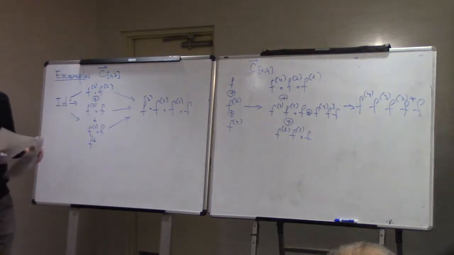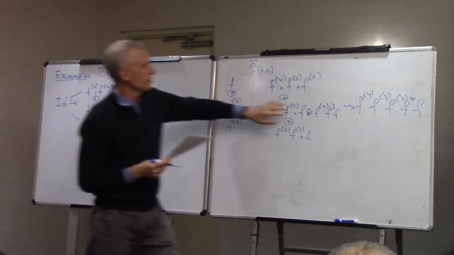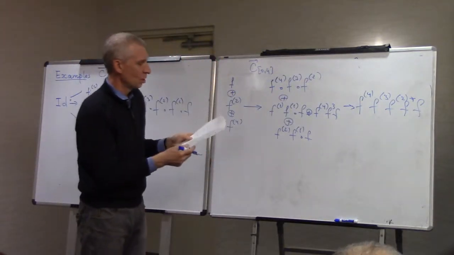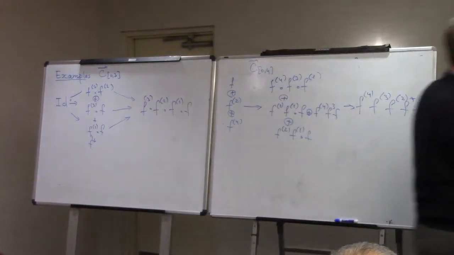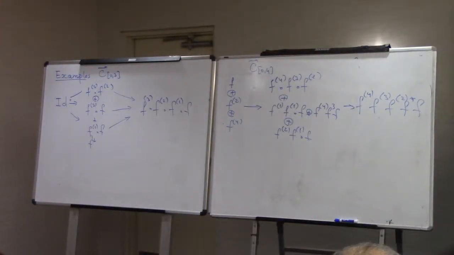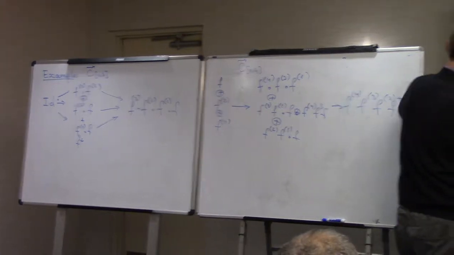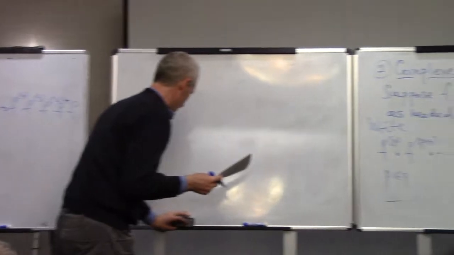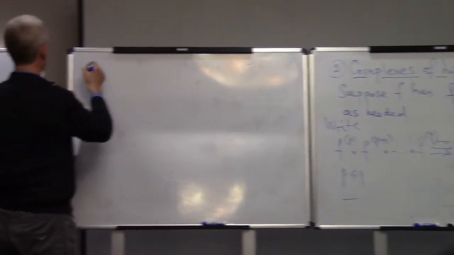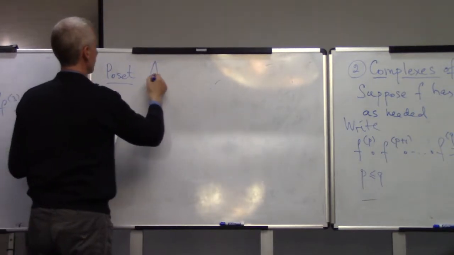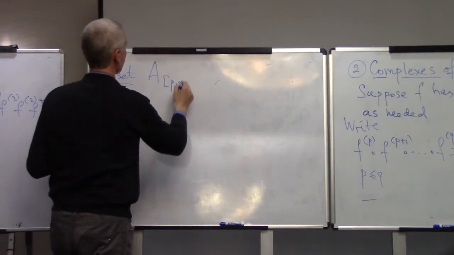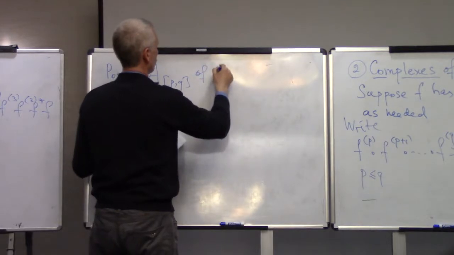So what we have here is a series of such complexes, and they are labeled by a certain combinatorial poset, let's call it the poset of domino contractions.